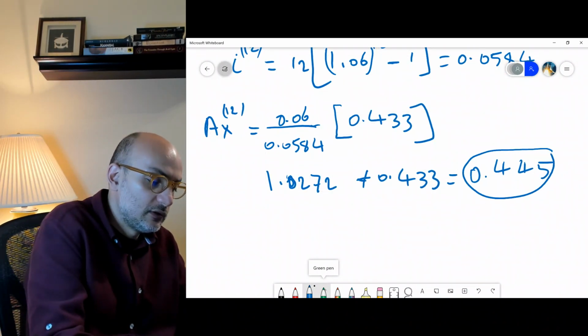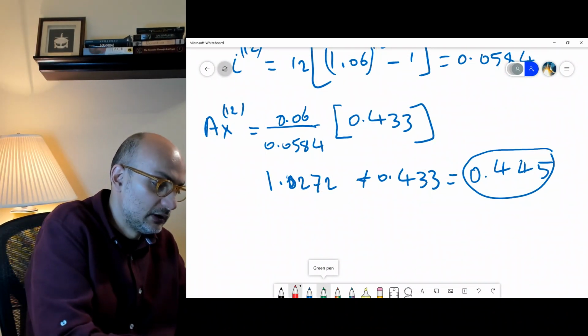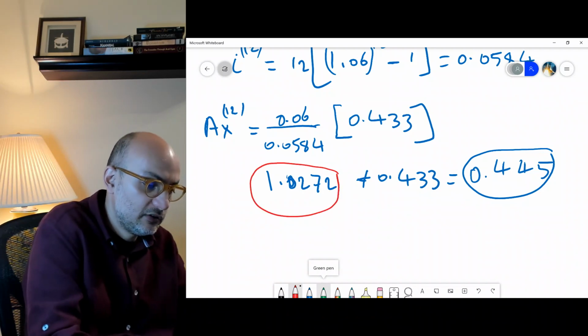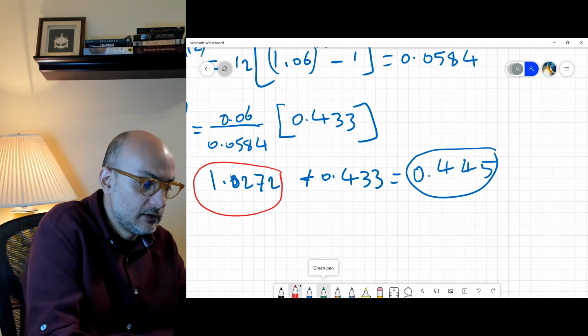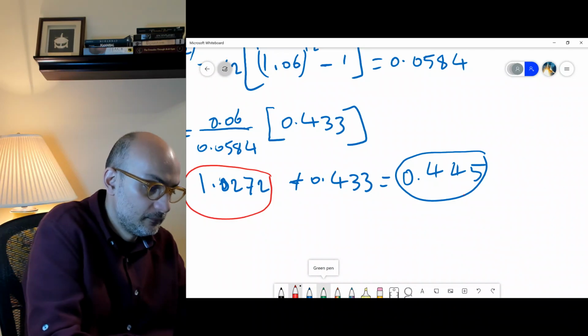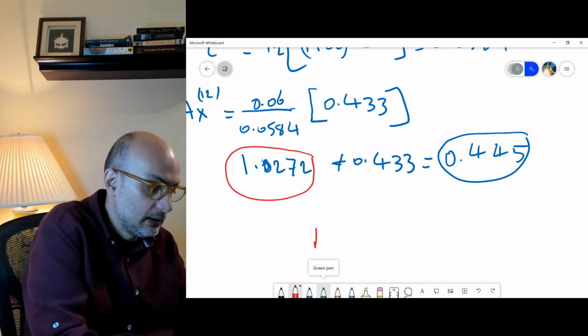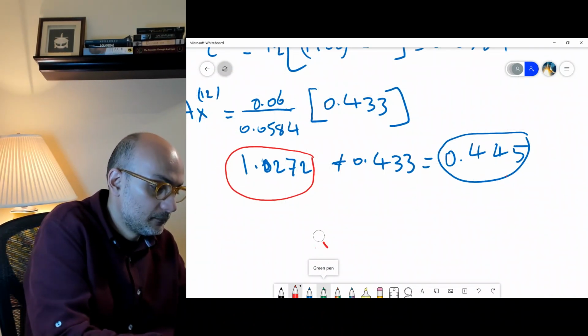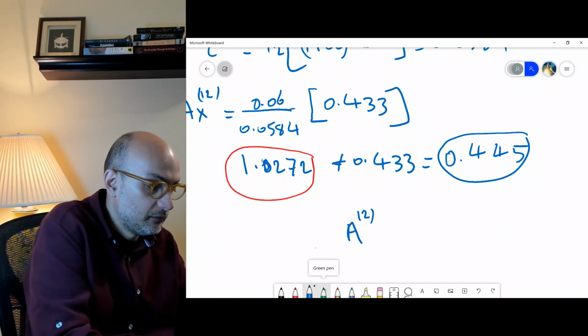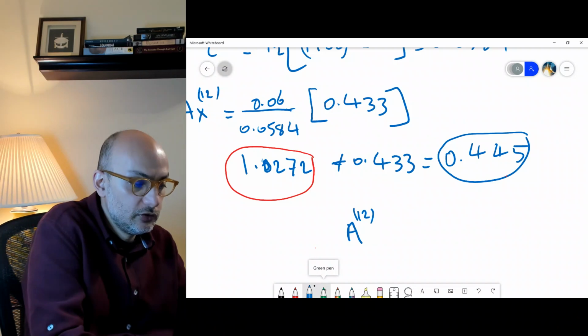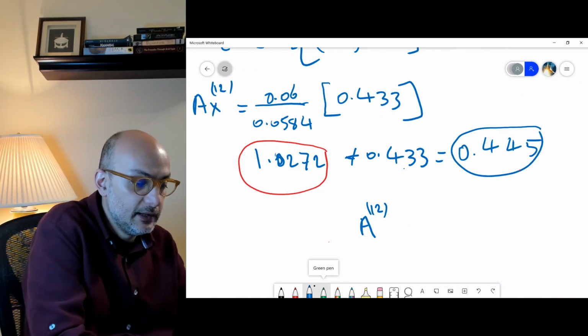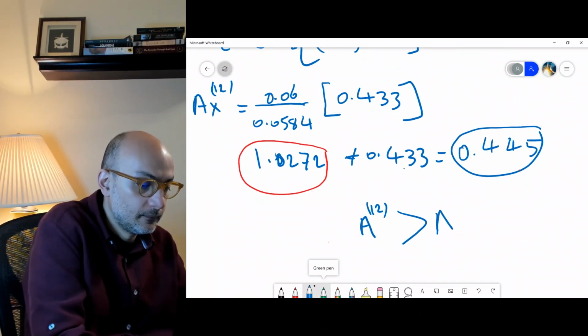Why I wanted to multiply by this is just to show you the relationship between this and now A12 should be bigger than A. And why?